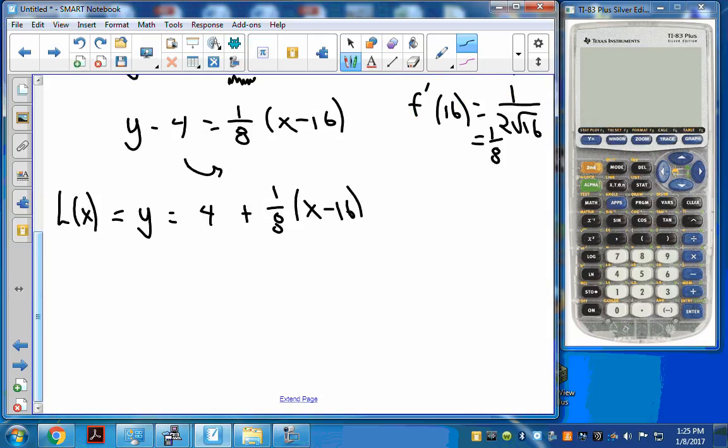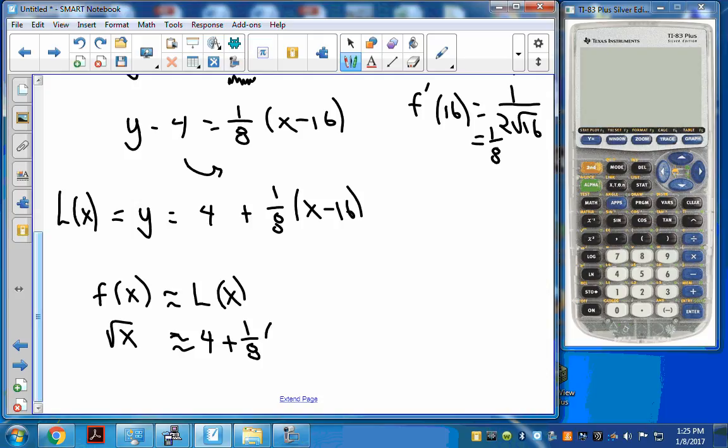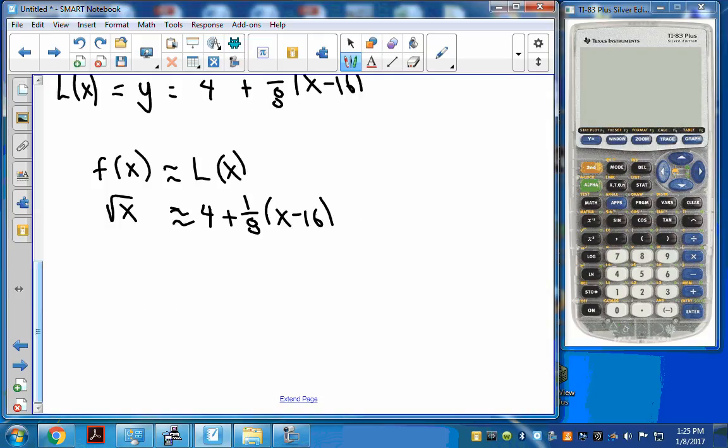Okay, and then just note that the function, the curve, the square root of x, is about the same as the line. And the line is 4 plus 1/8 times x minus 16. And again, just note that the notation we had before is going to appear again and again and again, especially in second semester calc.